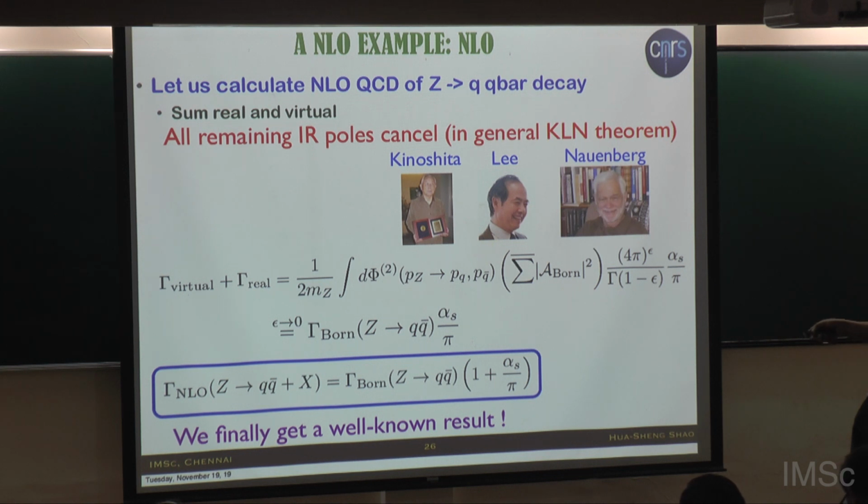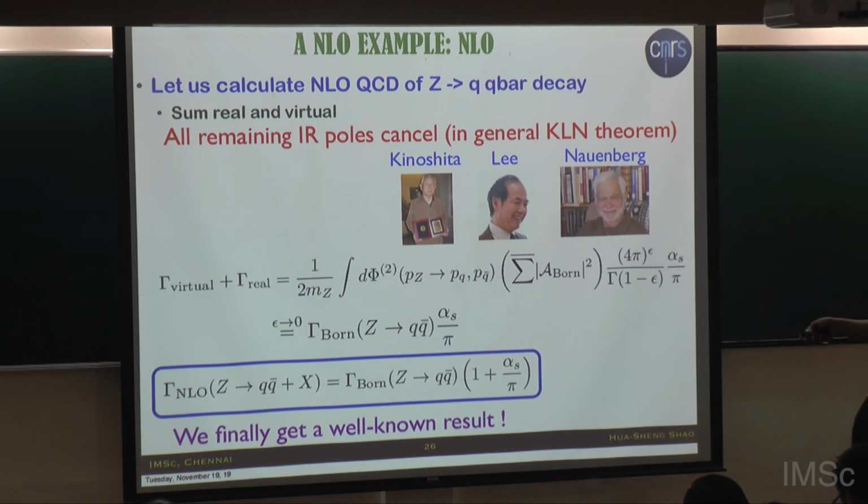So I think you can reproduce this by hand. If you have no experience of next-to-leading-order calculations before, it's very interesting that you can reproduce alpha s over pi. It's a very famous result, simple enough to do by hand. And you will probably get a bit proud of your ability to calculate NLO by hand.